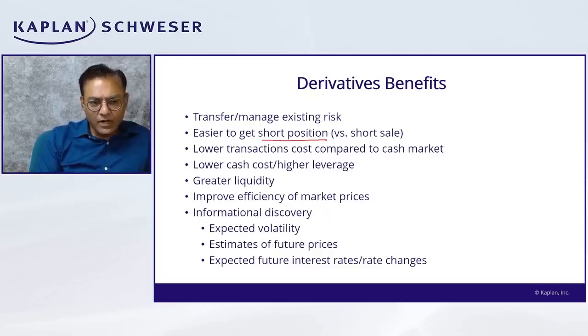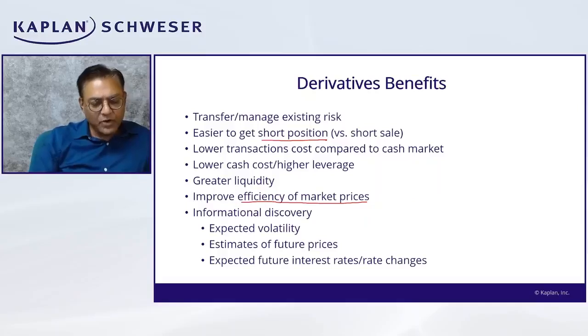Also, higher liquidity. The derivatives market, especially for standardized contracts, tends to have a great amount of liquidity. So therefore, again, more efficiency in the derivatives market. Derivatives improve the efficiency of market prices. We will see that the prices of derivatives are linked to the price of the underlying.